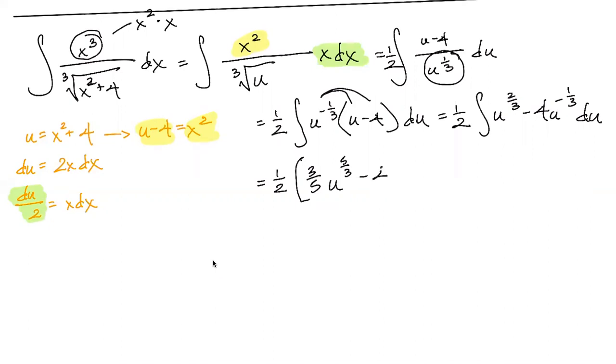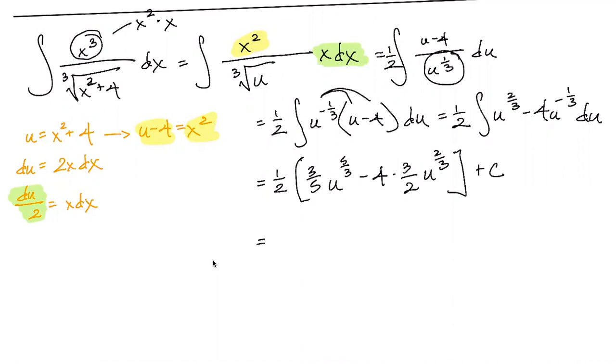Minus 4 times, let's see, u to the negative 1/3. So negative 1/3 plus 1 gives us 2/3. So my power here is 2/3. And then the reciprocal, 3/2, is my coefficient. And then we have our plus c.